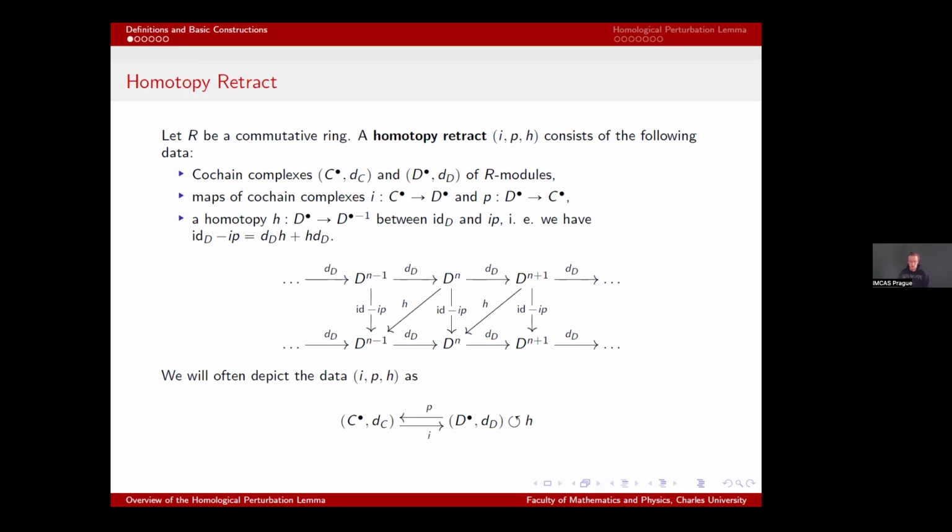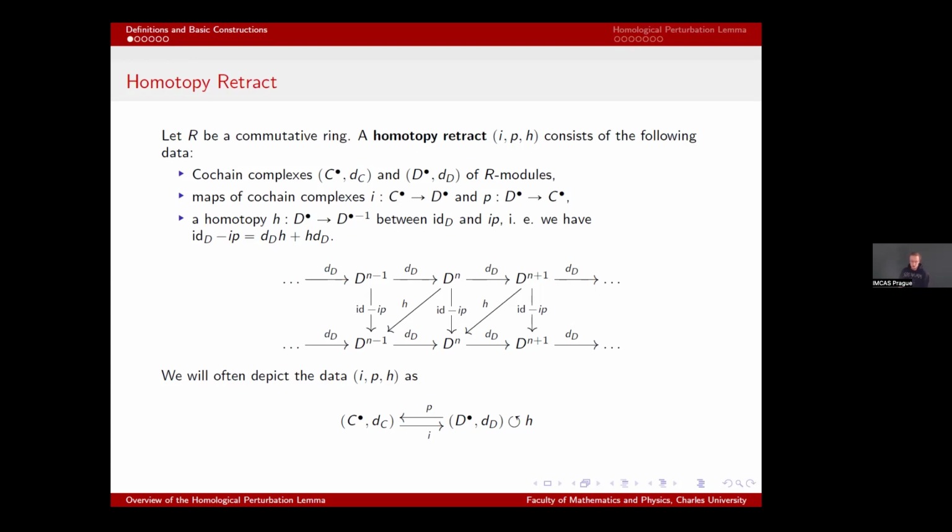So throughout these slides, R is a commutative ring, and the homotopy retract is a triple I, P, H, where we have two cochain complexes of R modules. I and P are maps between these cochain complexes, and H is a homotopy between the identity and the composition IP on the chain complex D. So in this picture, this is just a schematic picture of how the homotopy works.